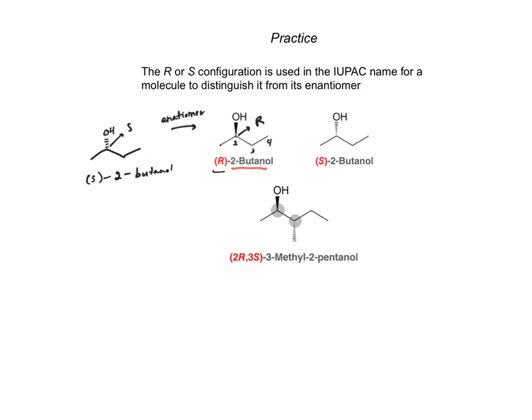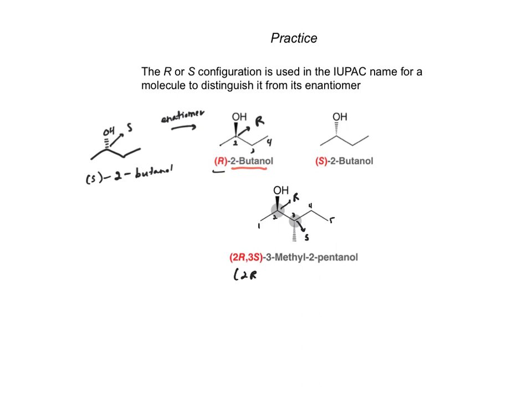So, for example, if you assign configuration, this center is an R, this is an S. If we assign the locants for this molecule, it would be 1, 2, 3, 4, 5, right? That's how when we name stuff, we tell you where it's at. We give its locant.